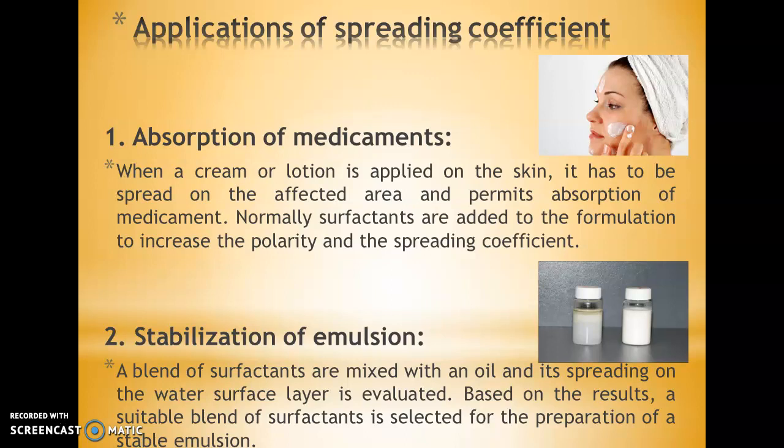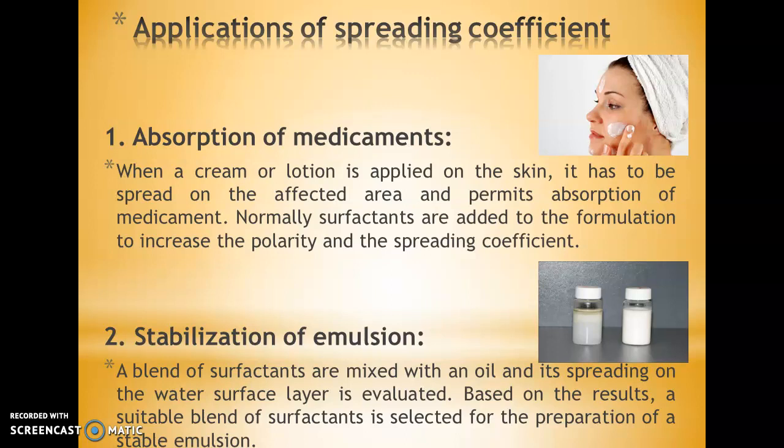The second application is stabilization of emulsions. An emulsion is a system constituting two different phases, basically an oil phase and a water phase, but the oil phase has to be uniformly distributed throughout the water phase. Oil is non-polar in nature, whereas water is polar, so mixing is not possible.